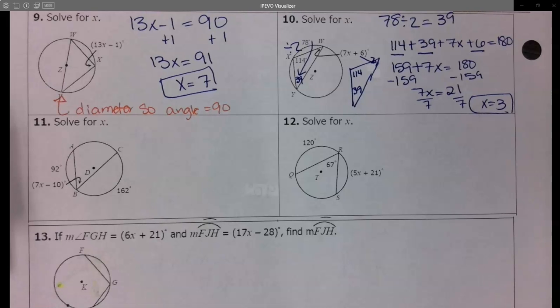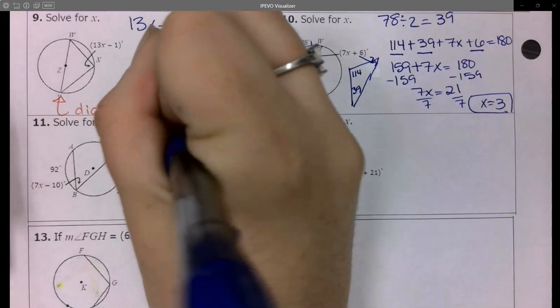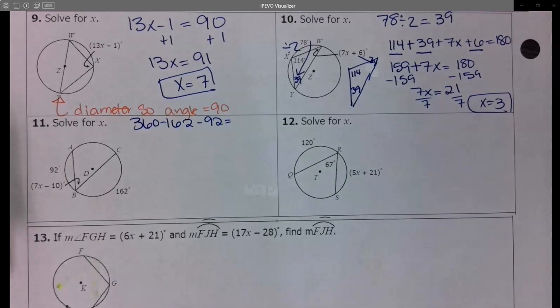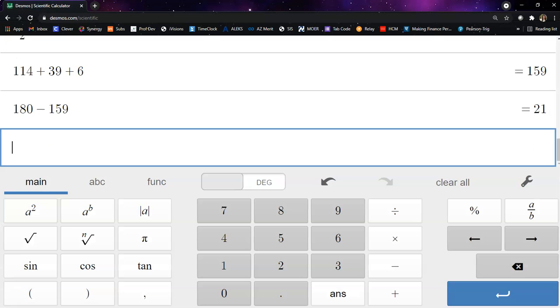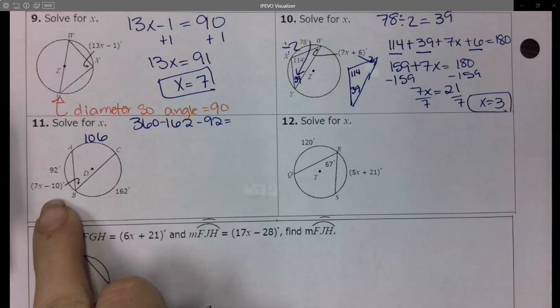So what I can do is subtract those lengths from 360, which gets me 106 for the arc length that matches up with this.